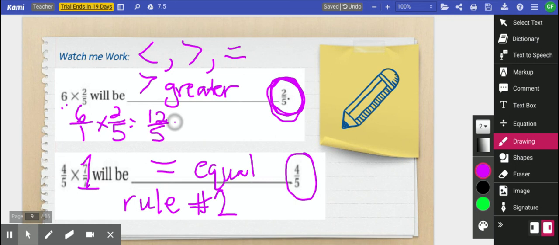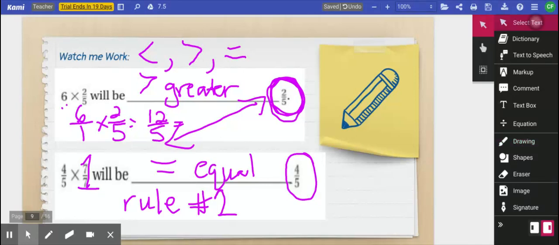Boys and girls, when you look at this, you know that 12/5 is definitely bigger than 2/5. If you needed to convert it, you could, but I know that this is improper, and that's a fraction. So I know that this is greater than this. That's why I'm saying if you forget these rules, please just solve the equation and then insert your greater than, less than, or equal to.